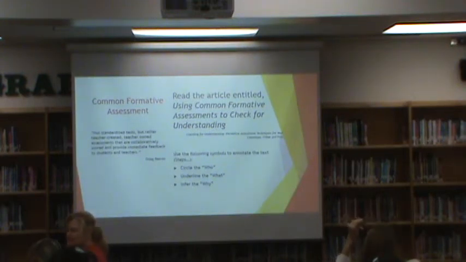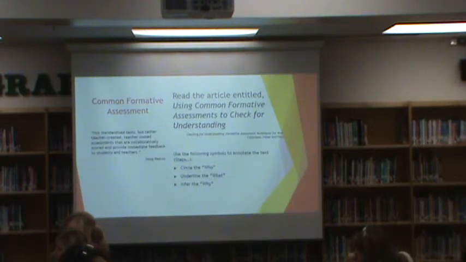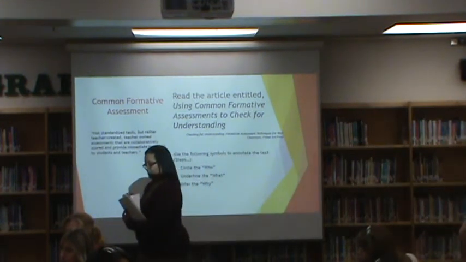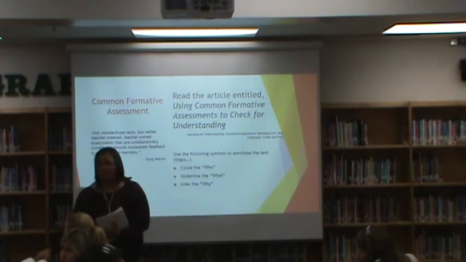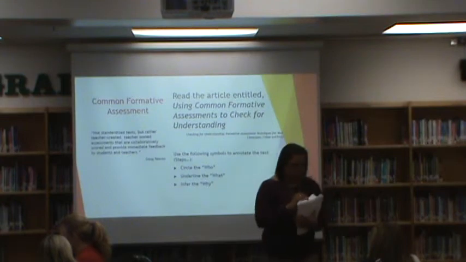An assessment that we give for the grade level, across that grade level, across the district. For the purpose of determining competency and program effectiveness.